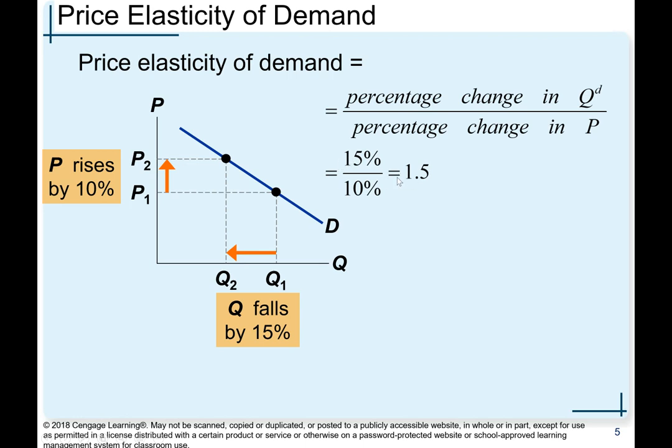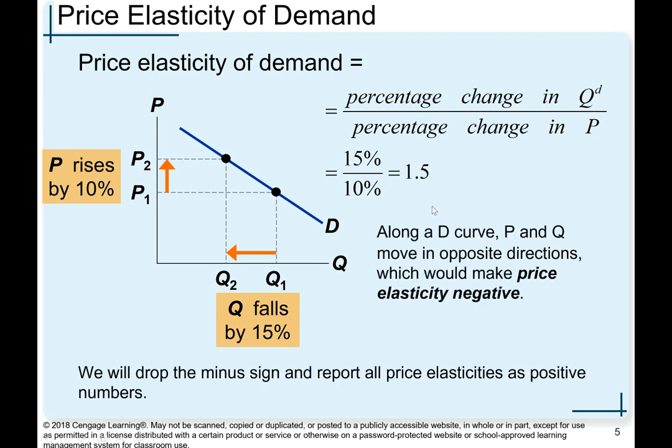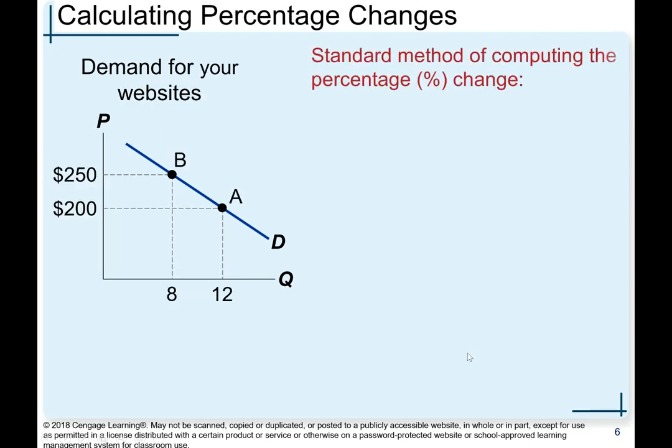And so the price elasticity of demand is 1.5. Along a demand curve, price and quantity move in opposite directions, which would make price elasticity negative, but we will ignore the negative sign. We will drop the minus sign and report all price elasticities as positive numbers.